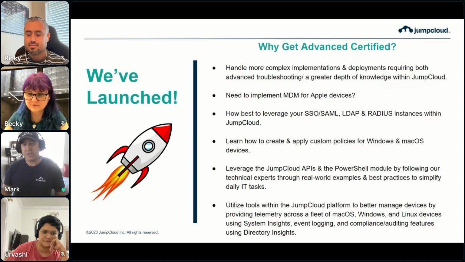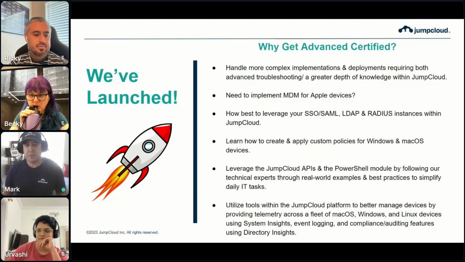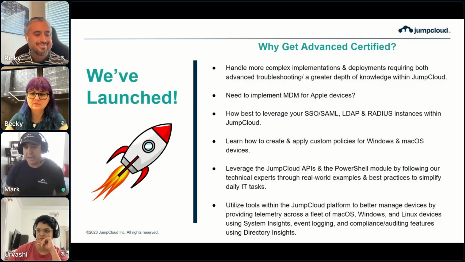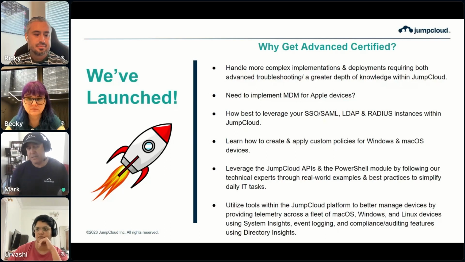You'll learn how you can best leverage SSO, LDAP, and Radius instances within the JumpCloud platform, and how to create and apply custom policies for Windows and Mac devices. Leverage the JumpCloud APIs and the PowerShell module by following some of our excellent in-house technical experts, who will lead you through real-world examples and best practices to simplify some of those daily IT tasks.